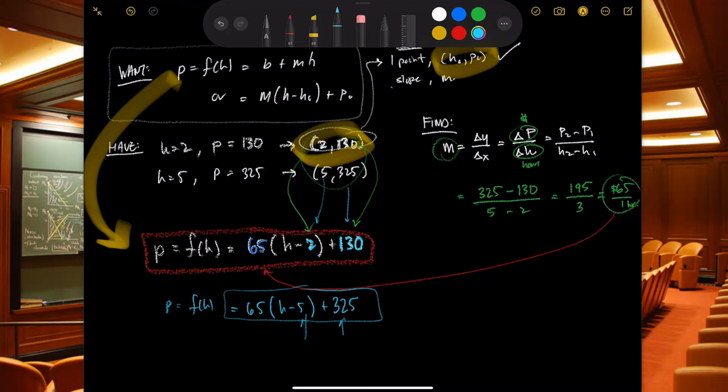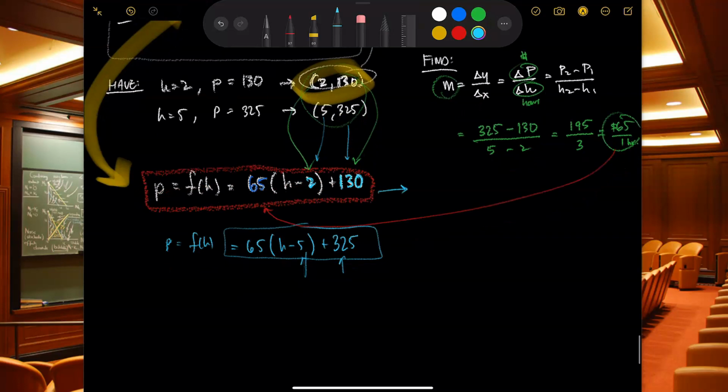Well, one way to check is to distribute and simplify. So if I distribute this through, 65 times (H minus 2) becomes 65H minus 130 plus 130. Well, these guys cancel, and we're just left with 65H actually.